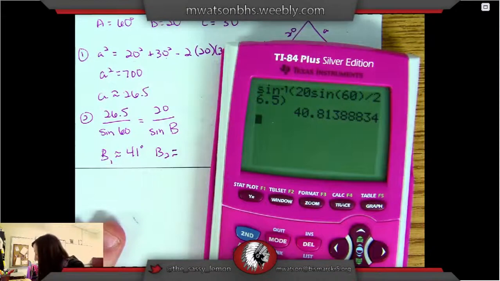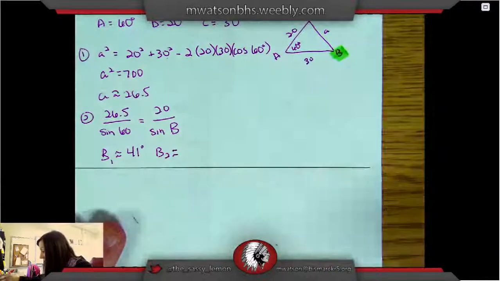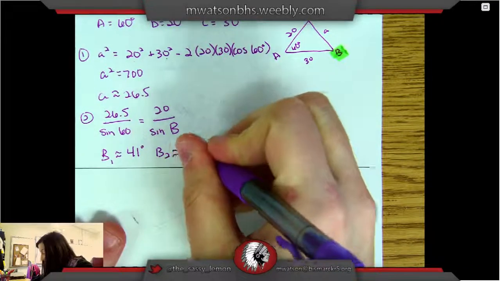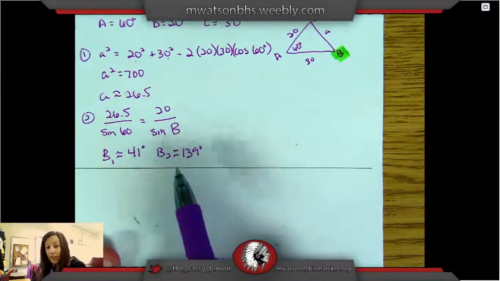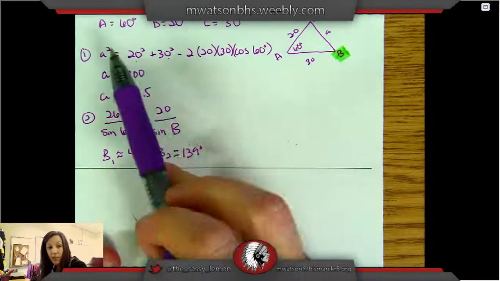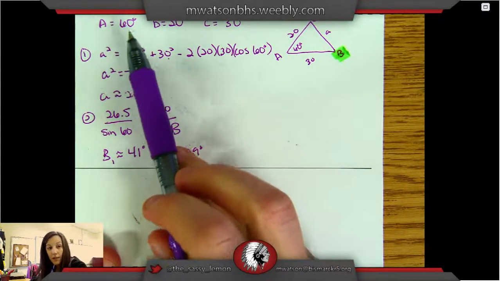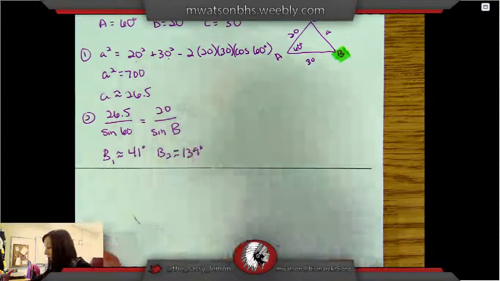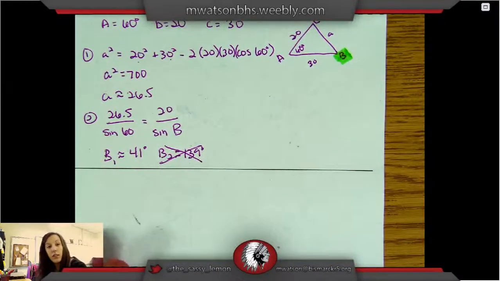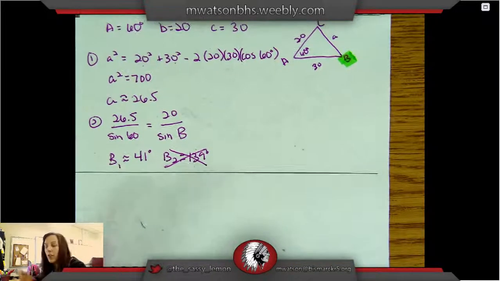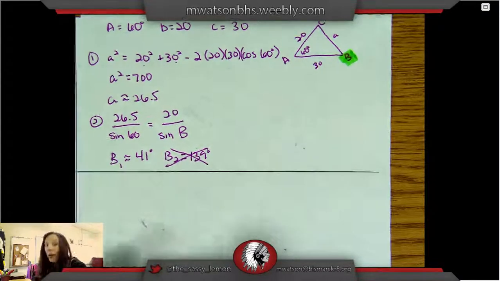To think through that, we do 180 minus 41, which is 139. But right away I can see that this is not going to work out, because when I go to find C, I'm going to have to take 180 minus 60 minus 139, which is going to be negative. If you don't trust me, pause the video and see for yourself. But that's not going to work out, thank goodness.